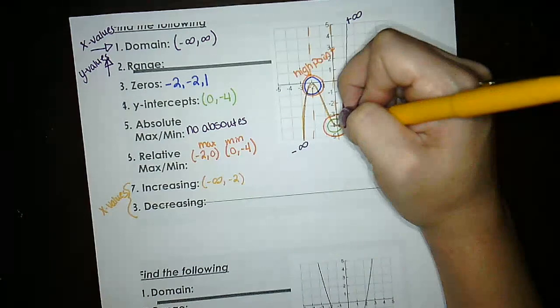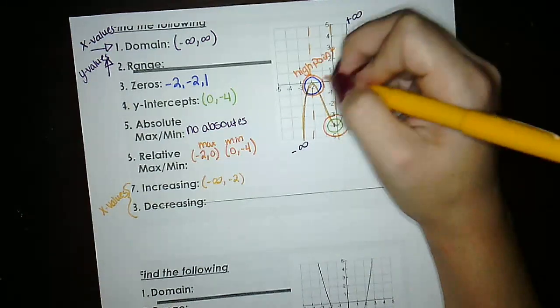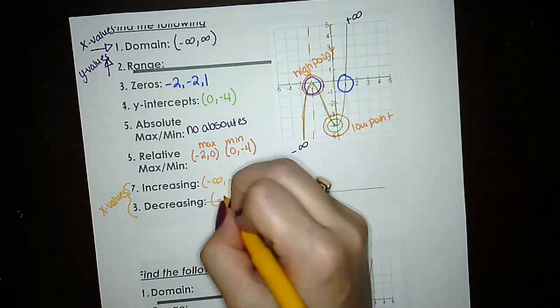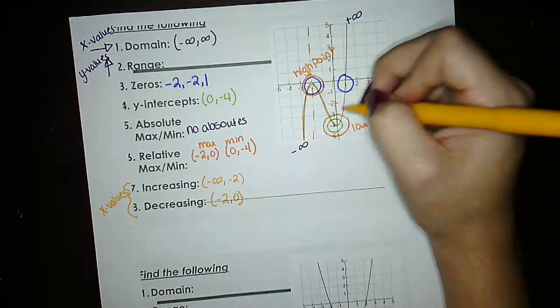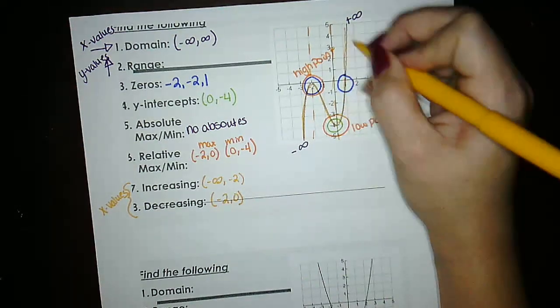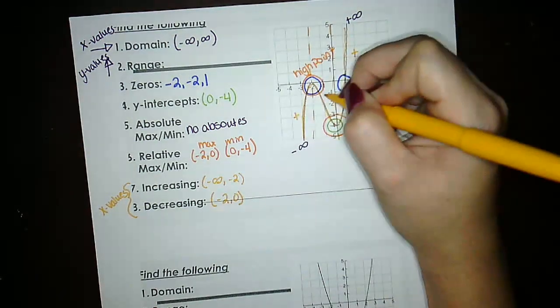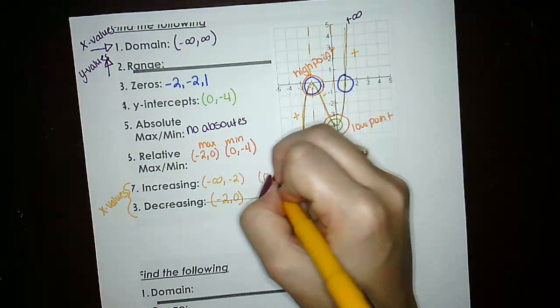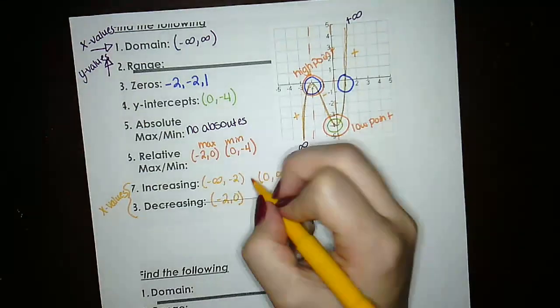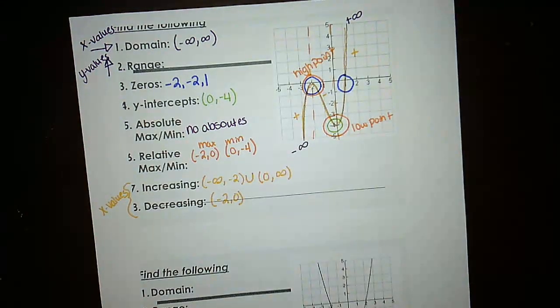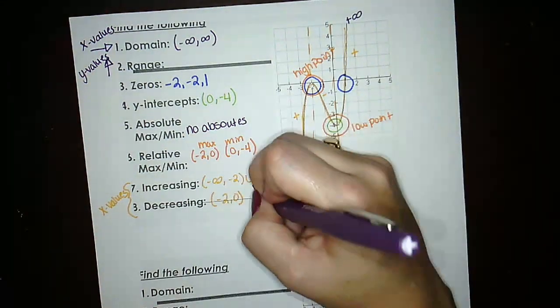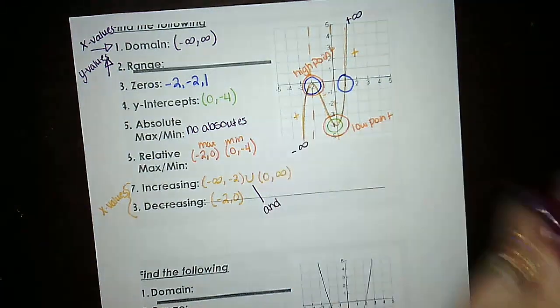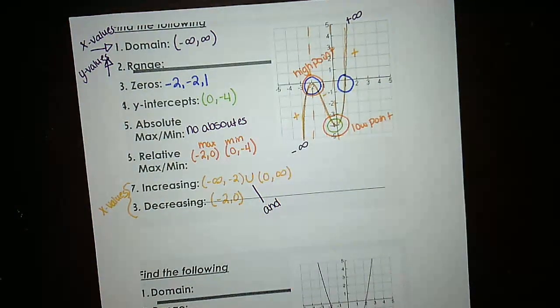Remember, x value is not y. This x value is 0, -2 to 0. And then it goes back up from 0 to positive infinity. And to separate these, we put this sign right here, which means union or and. So just to separate it.